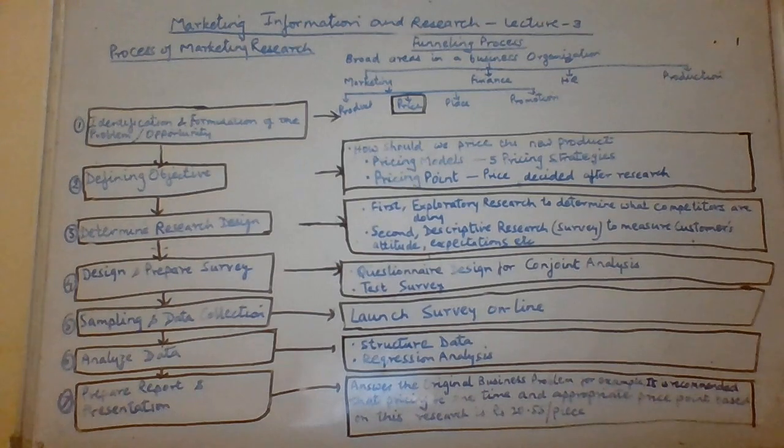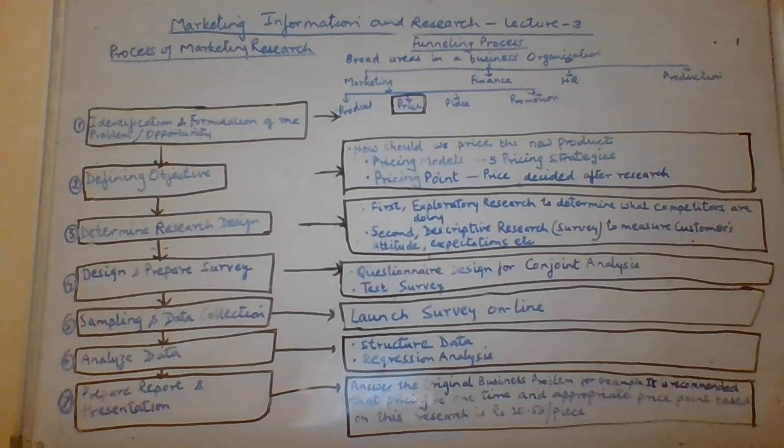That means the worth of the product is being decided, or the price is decided, by the customers. We call this value-based pricing. Price skimming is when we set a high price to enter into the market, maybe in a monopoly market, and penetration pricing is setting a low price to enter into the competitive world. So these are the various pricing strategies we have.